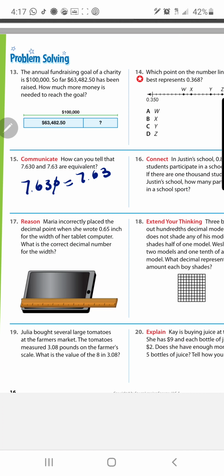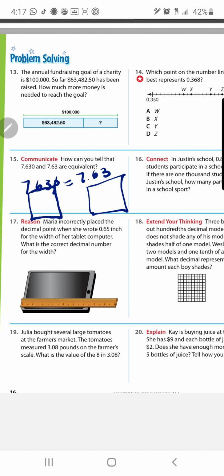And of course, you can always draw it out. 630 thousandths should be equal to 63 hundredths. And I wish I had enough space here to show you. I can't. The space is limited.